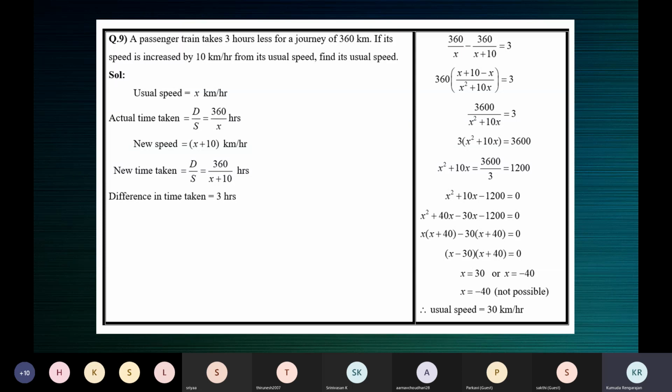Minus 40 is not possible. x is 30. All right, next one, children.